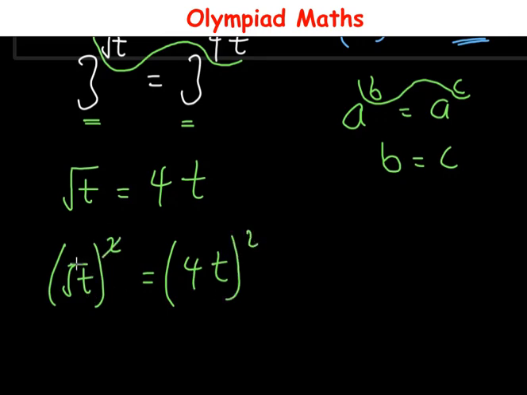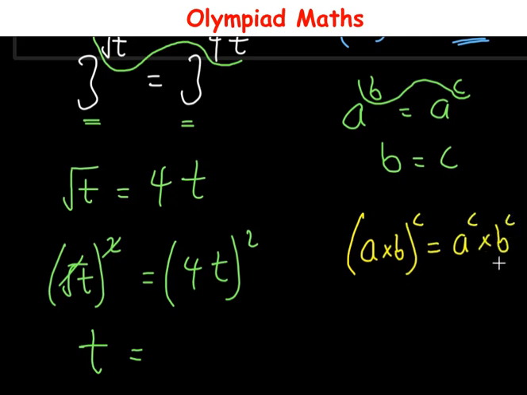From here, square will cancel square root, t is equal to, so applying this rule of indices, that if you have in brackets a times b all raised to power c, this equals a raised to power c times b raised to power c. Applying this rule right here, this becomes 4 squared times t squared.